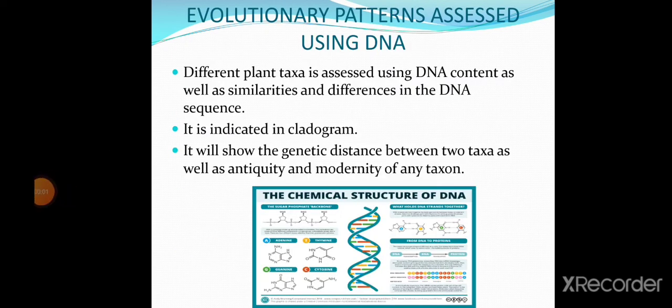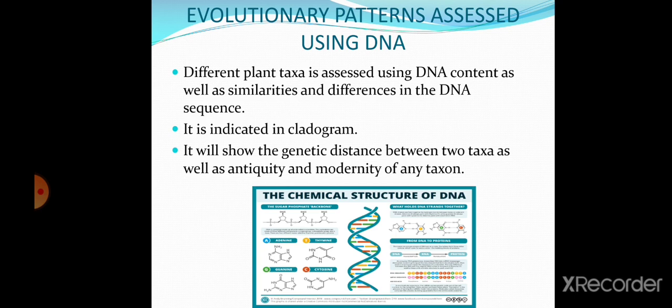Evolutionary patterns assessed using DNA. In recent years, the evolutionary relationship between different plant taxa is assessed using DNA content as well as the similarities and differences in the DNA sequence arrangement. So, using these two, the evolutionary relationship of plant taxa can be assessed.